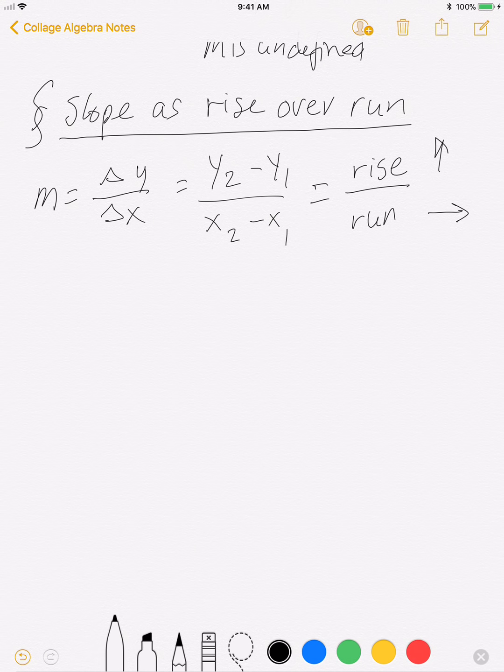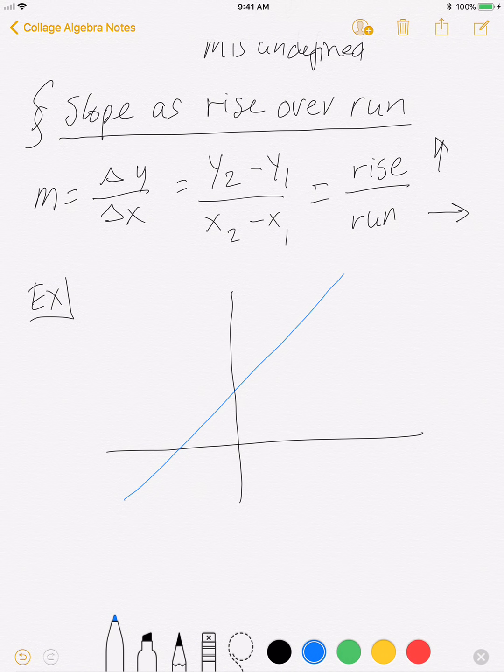So, as an example, if I have a graph of a function that looks something like this, and the graph goes through this point right here with coordinates 1, 4, and coordinates at this point right here 6, 8.